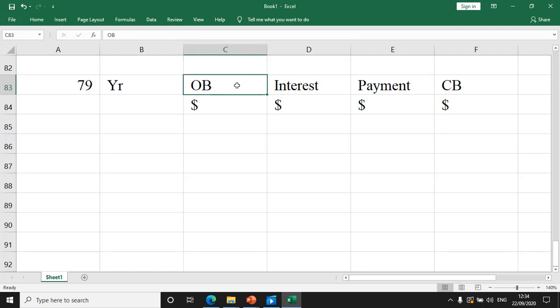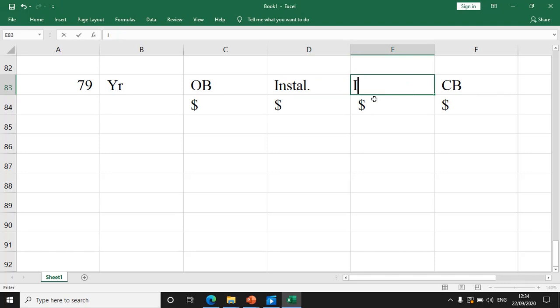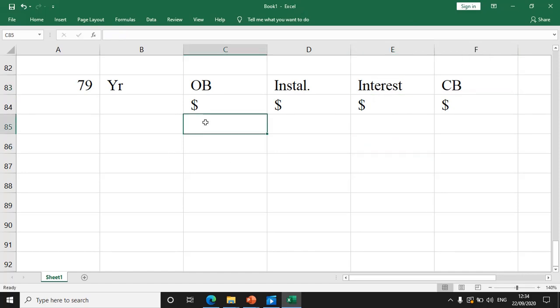Let's do some bit of work. Opening balance, then you have got the installment, and then you have got the interest, which you need to add, and of course you have the closing balance.